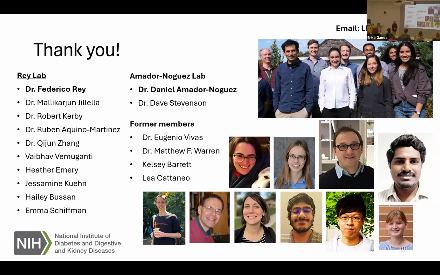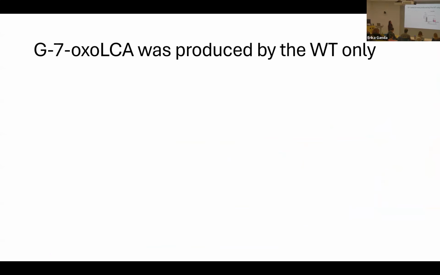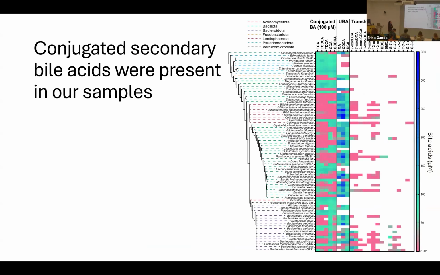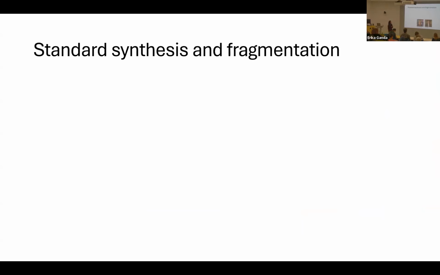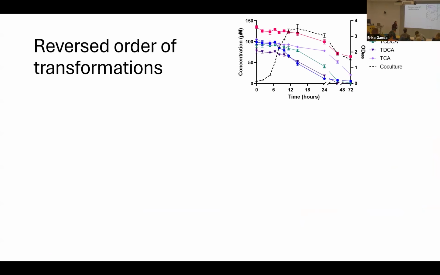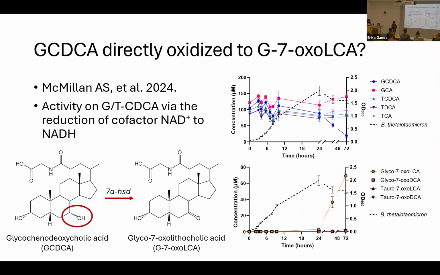And so, something I talked about was that C7 position with dehydroxylation, right? Sorry, bear with me. That dehydroxylation will produce DCA, and we can just use this one.